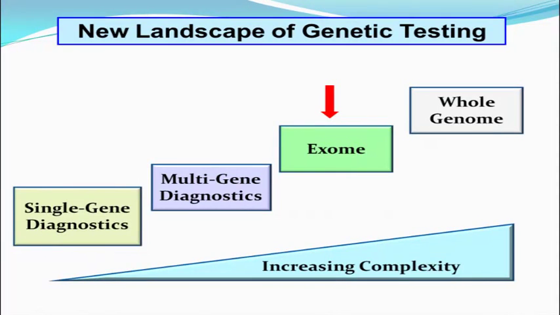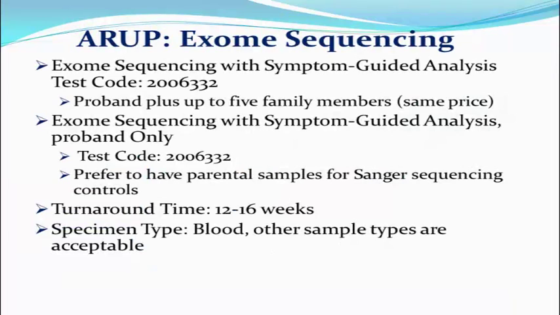Now we shift gears from gene panels and talk about exome sequencing. We have 2 tests available for exome sequencing. The first is exome sequencing with symptom-guided analysis, which includes the proband plus up to 5 family members at the same price.